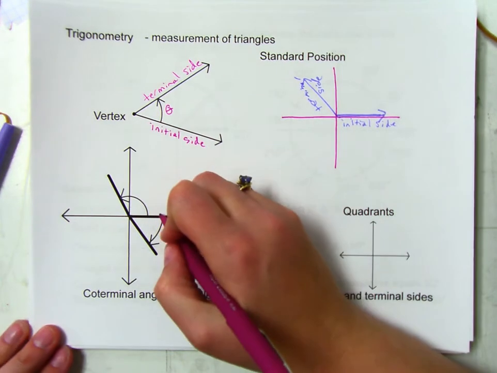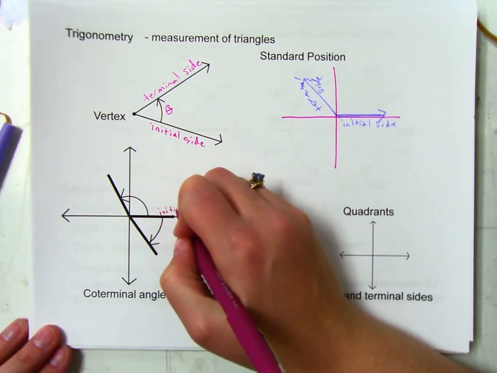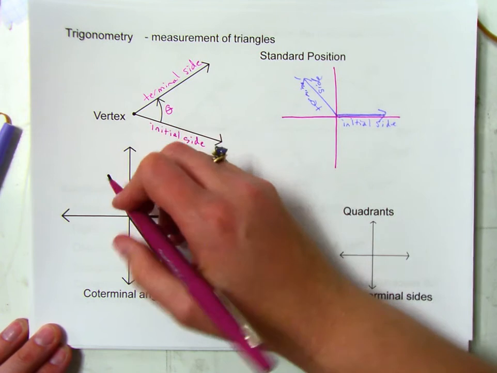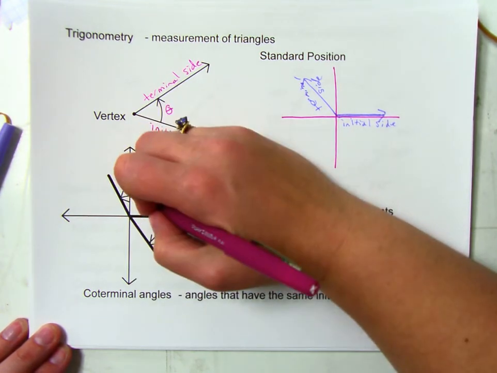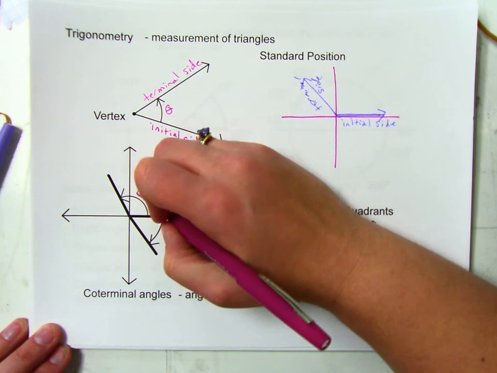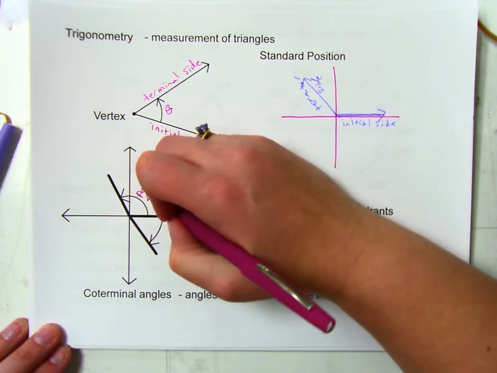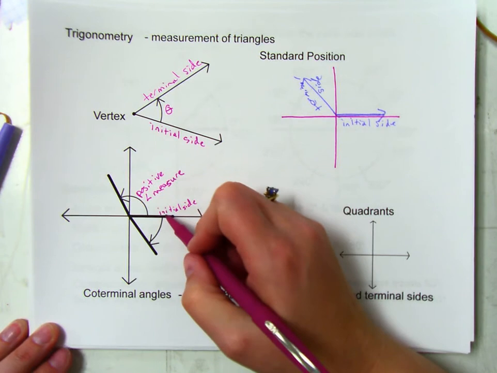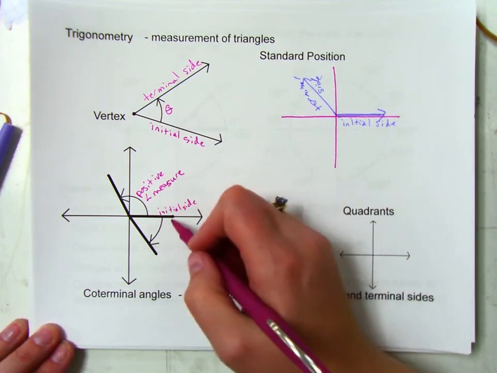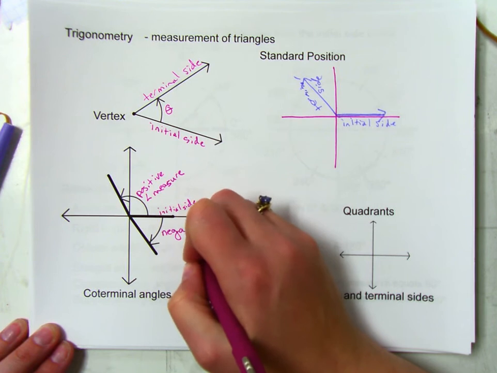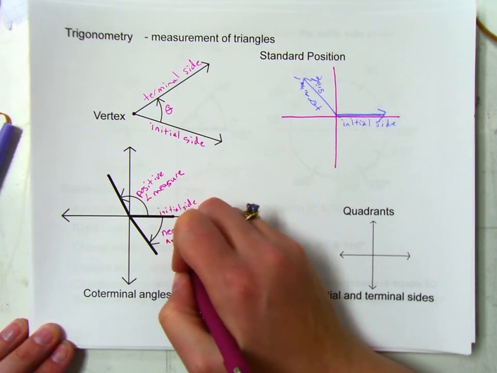So, with this being your initial side, this direction would be a positive angle measure. If I went clockwise from the x-axis, this would be a negative angle measure.